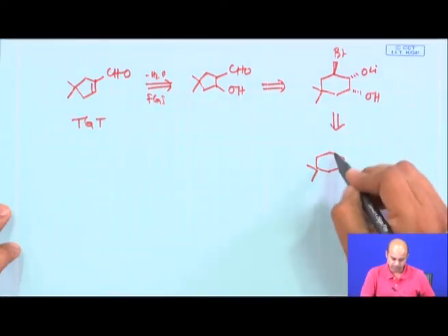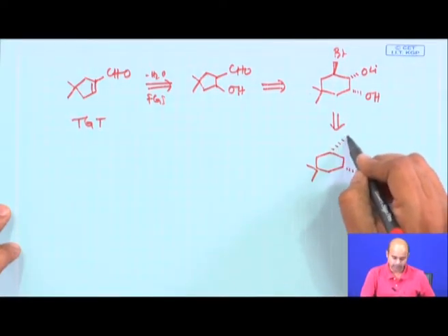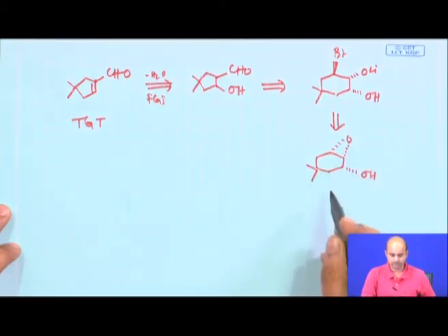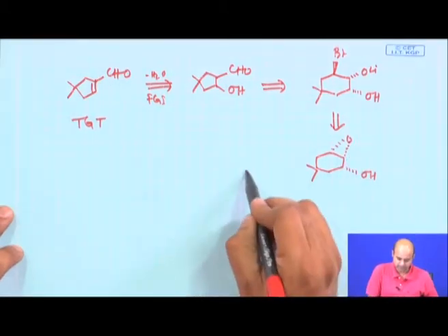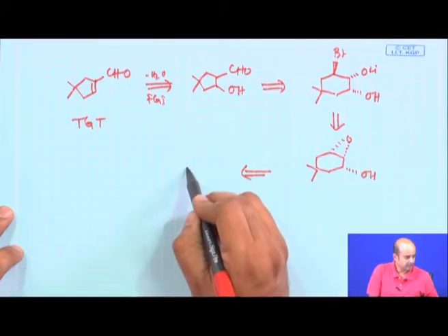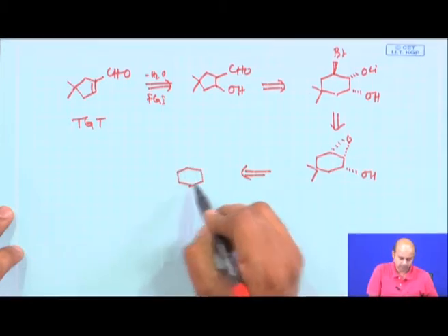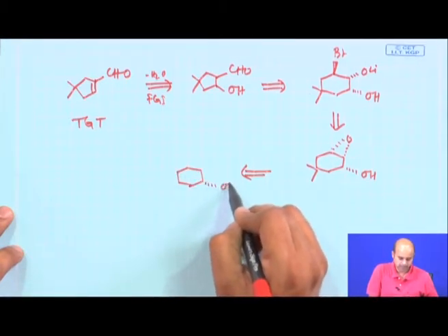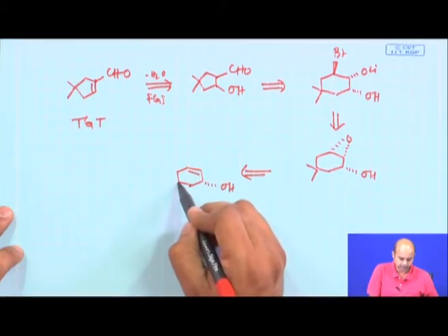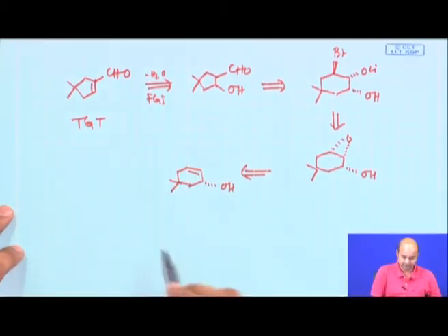This kind of compound can easily be prepared from the corresponding epoxide. Okay, epoxide. Now, these epoxides can easily be prepared from the corresponding allylic alcohol. Okay.